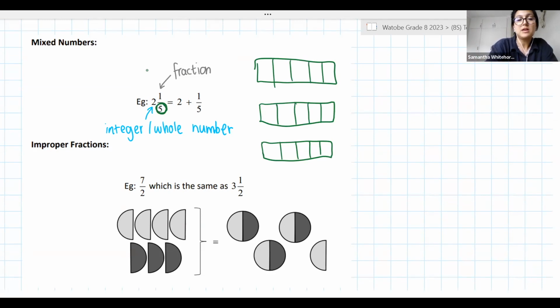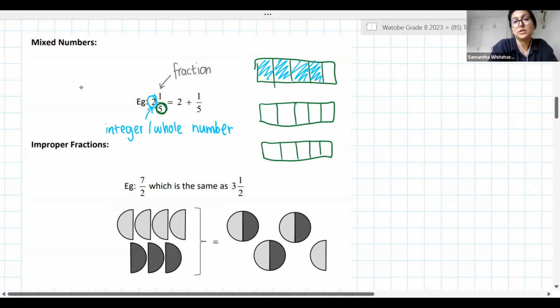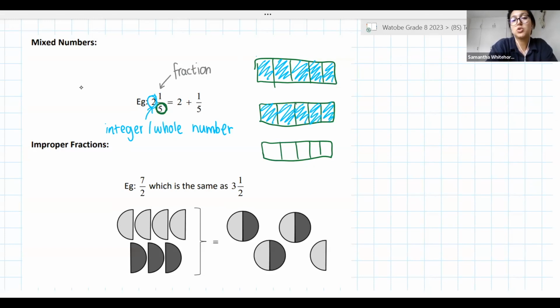The integer part, 2 wholes, means I am working with complete rectangles. So there's my 1, and there is my 2. When I come to the fraction portion, it's saying I'm only considering 1 part out of 5, so I'm only shading in 1 block.